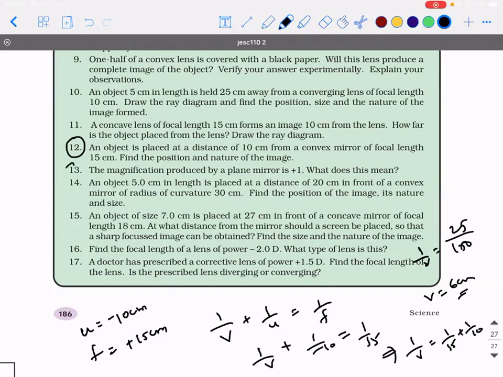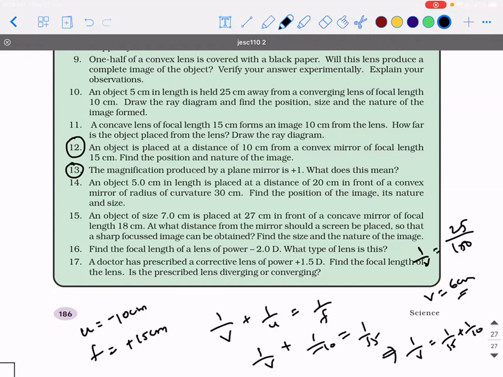Right. 13th. The magnification produced by a plane mirror is +1. What does this mean? First of all, magnification is positive. It represents virtual image. Magnification is positive, it's a virtual image. Second, 1 tells you what?